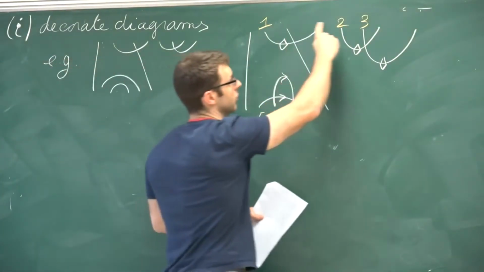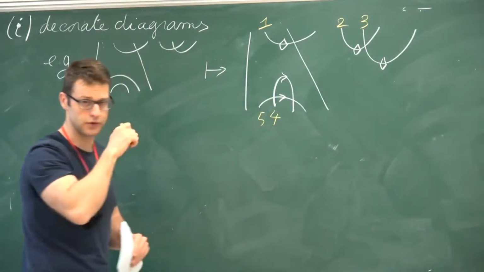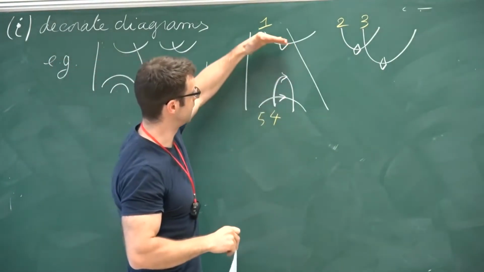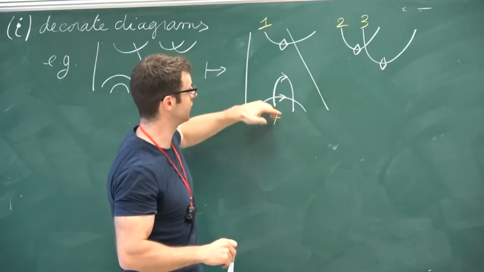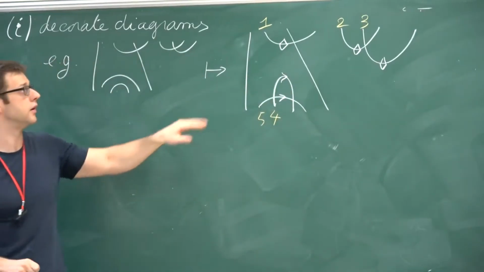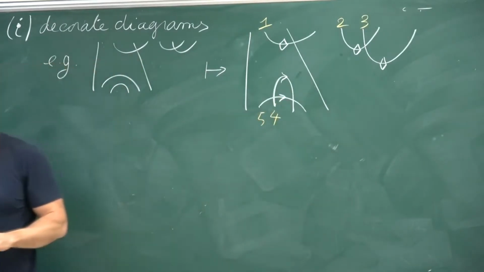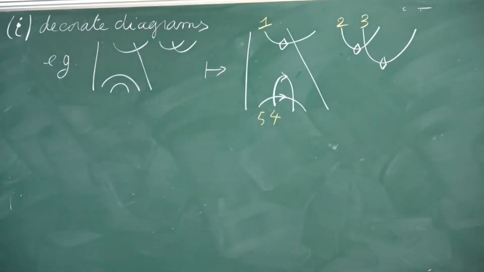So I go around the diagram like this, look at the leftmost dots on each cup and cap, and choose this order, and then the latitude of these decorations should represent that order. So this is 1, 2, 3, 4, 5. Keep ascending. Okay. So that's how to decorate a diagram.